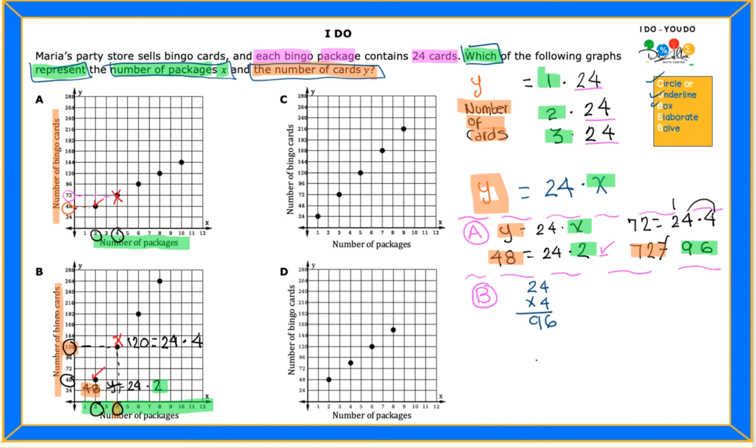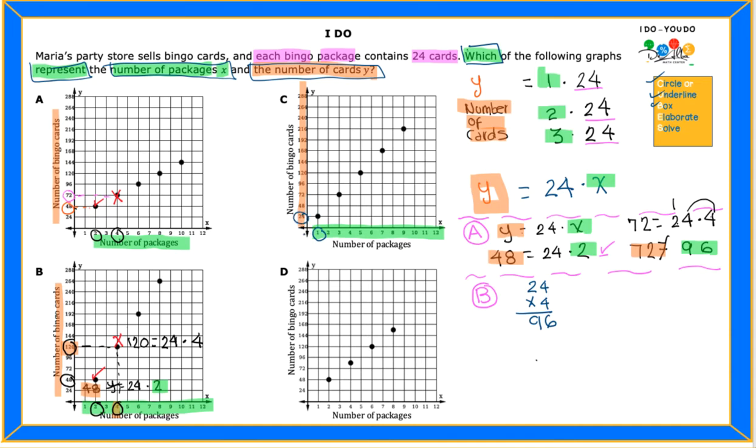Now let's look at graph C. For graph C, these are the number of packets on the bottom. And then on the y-axis, we have the total number of bingo cards, like this. And I'm going to analyze the first point. For the first point, we have 1 and 24.